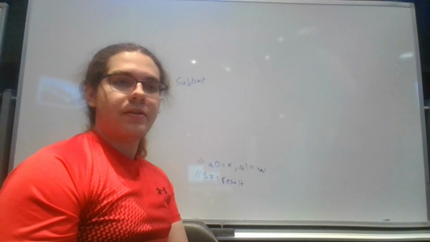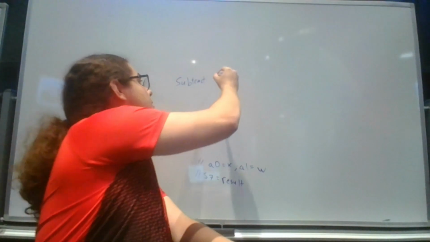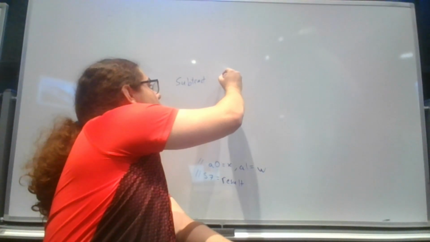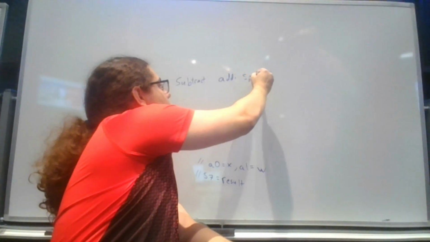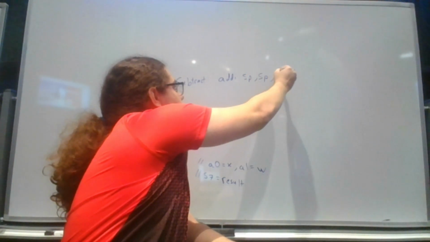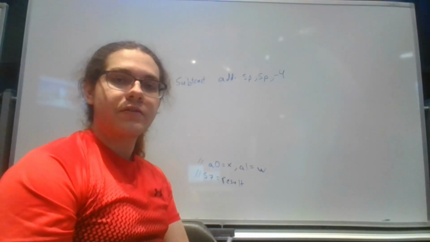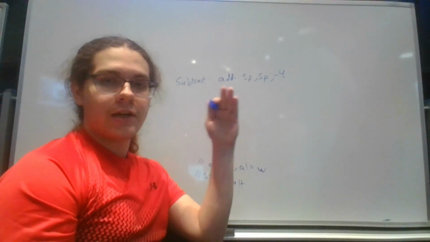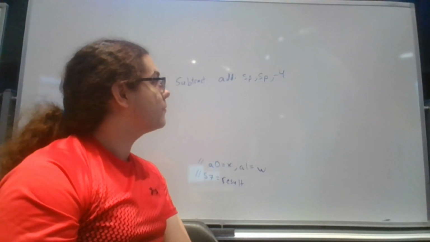The way we save something on the stack is we first decrement the stack pointer. We decrement it by 4 because remember that RISC-V is byte addressable. So if you're going down an entire word, you have to go down by 4 address units.